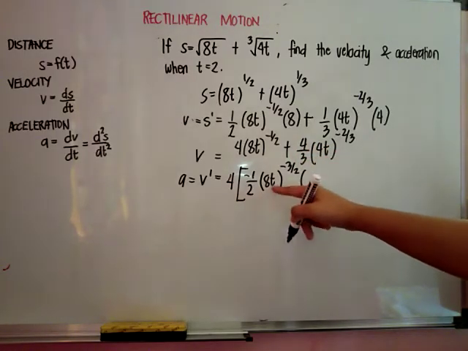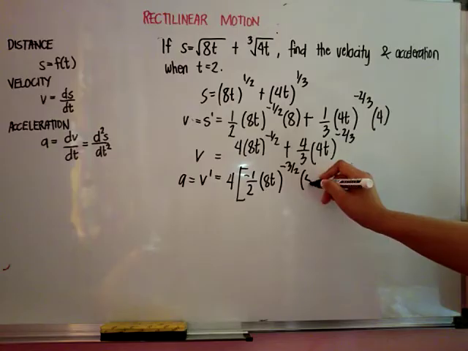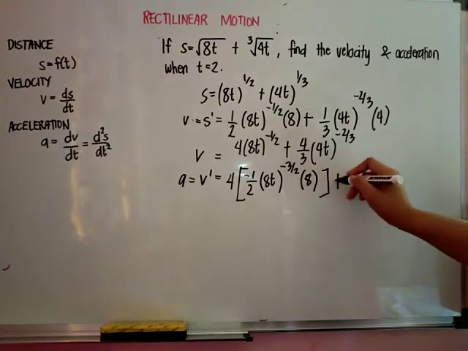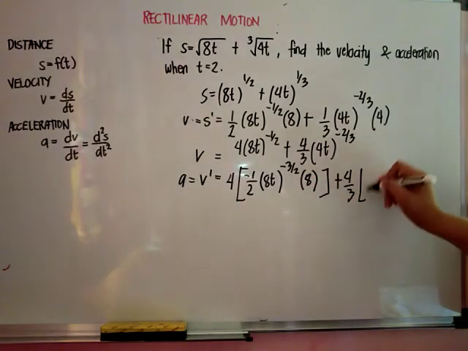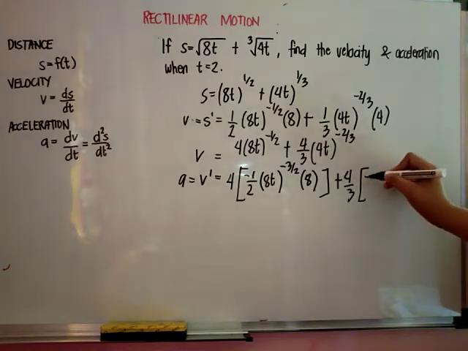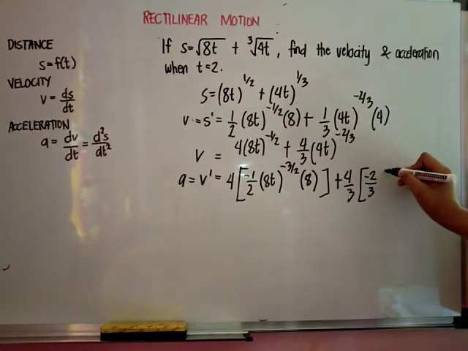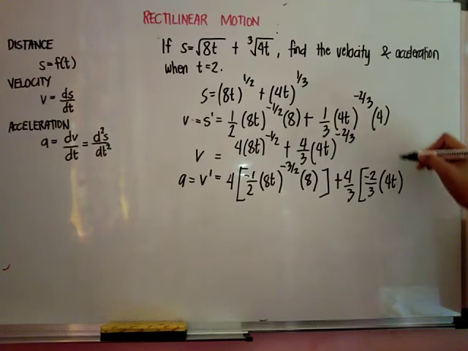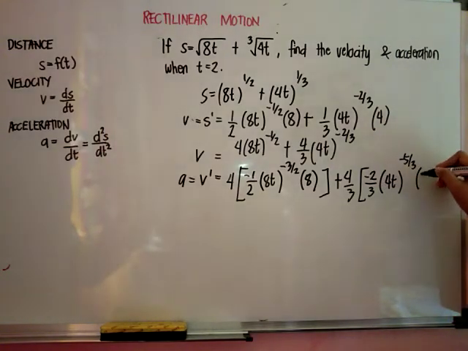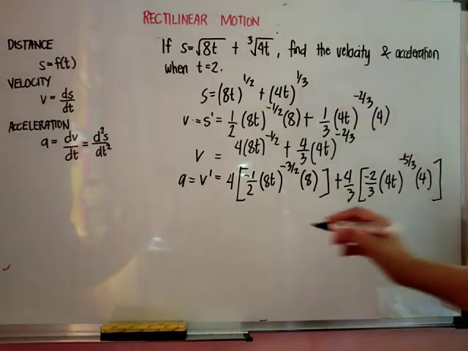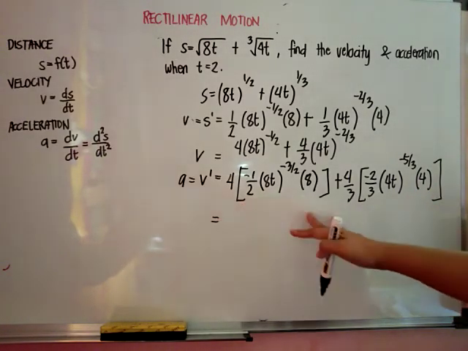Then, multiply by the derivative of 80 is 8. So, we have 4/3 again. Then, kunin natin yung derivative nito. So, we have negative 2/3 multiplied by negative 2/3 minus 1. So, we have negative 5/3 and then times 4. So, ito na yung equation natin.